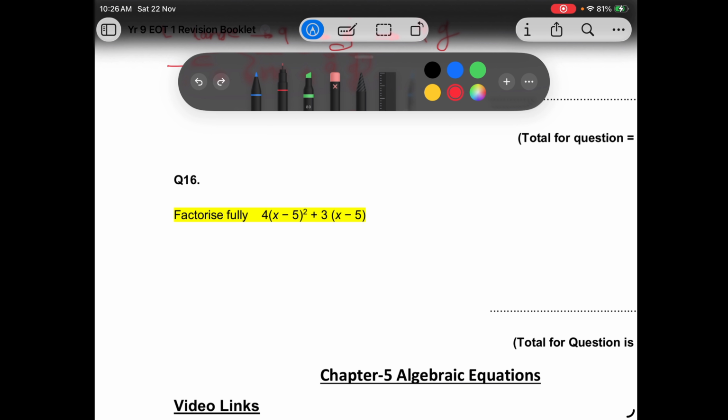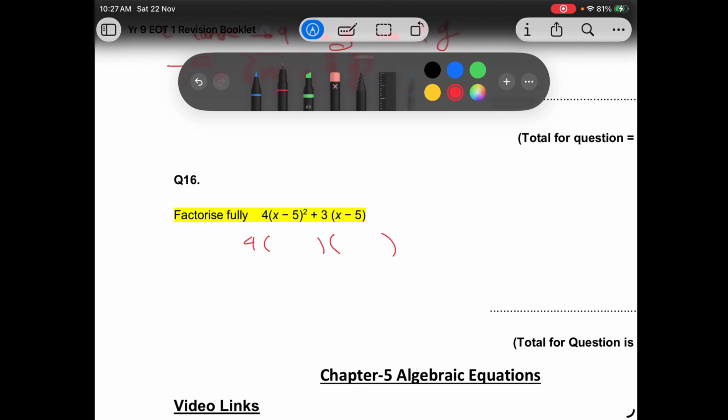The easiest thing to do is to think in terms of a common factor, and the common factor here is not a usual number or one single term. The common factor here is a linear factor. Don't you realize that x minus 5 is duplicated?